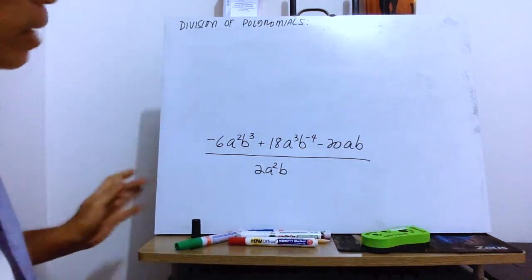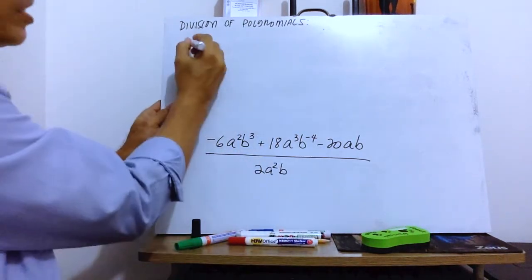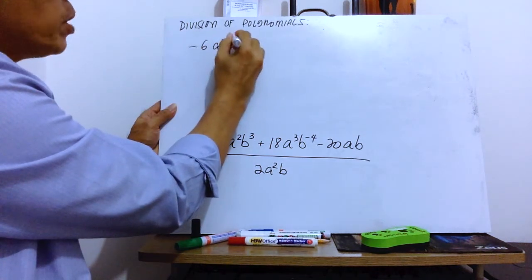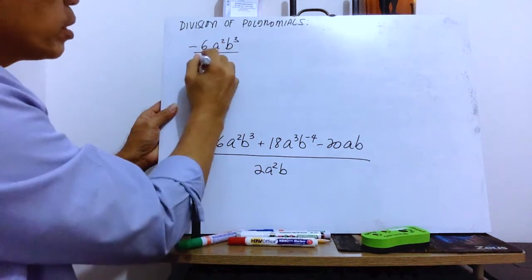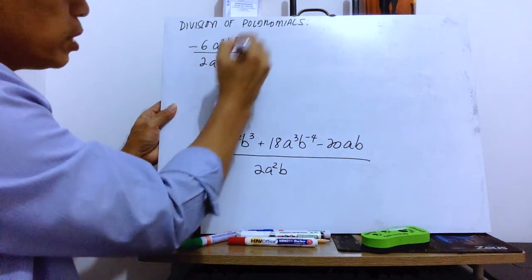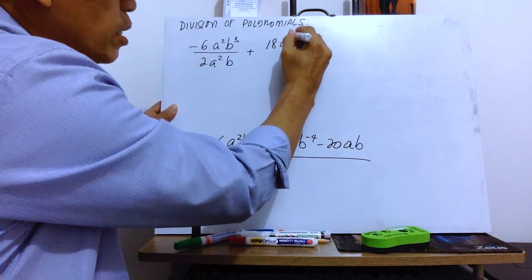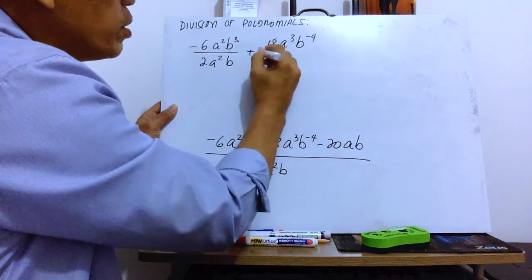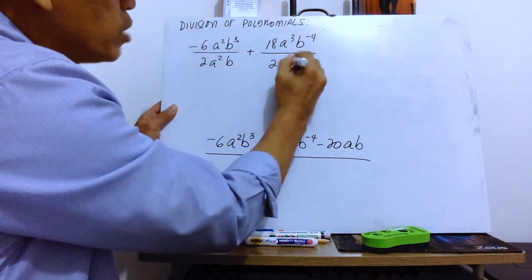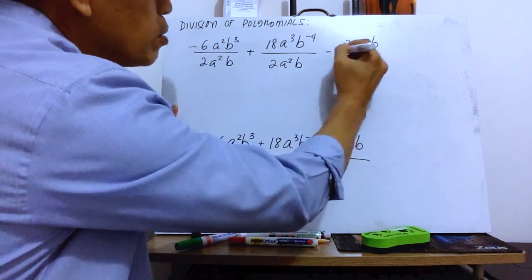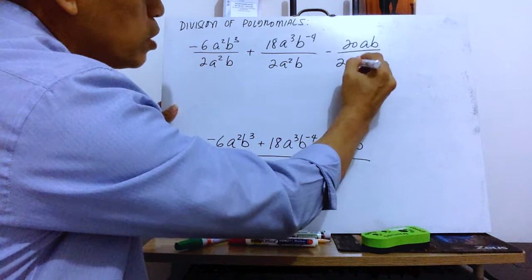There. So let's distribute. Negative 6a squared b cubed divided by 2a squared b, plus 18a cubed b raised to negative 4 over 2a squared b, minus 20ab all over 2a squared b.